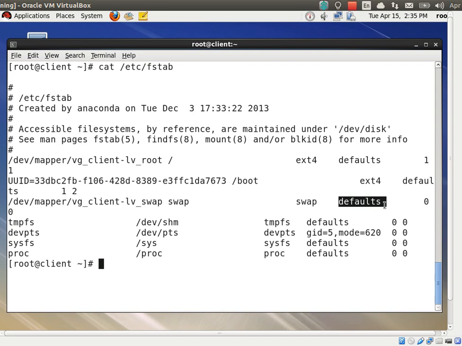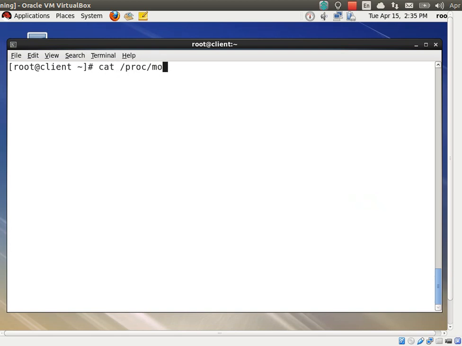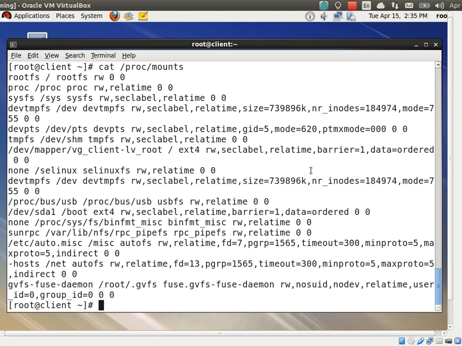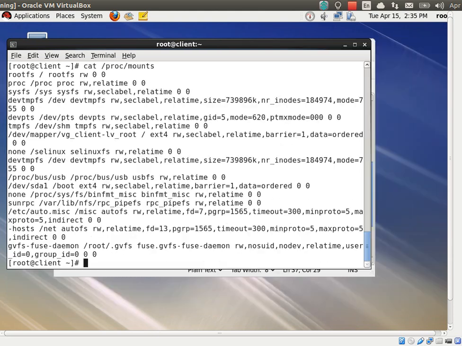Default means that some mount options are used by default. There's a very simple way to see them. Give cat /proc/mounts, press enter, and you can see the options with which the file system is mounted when you use defaults in /etc/fstab.